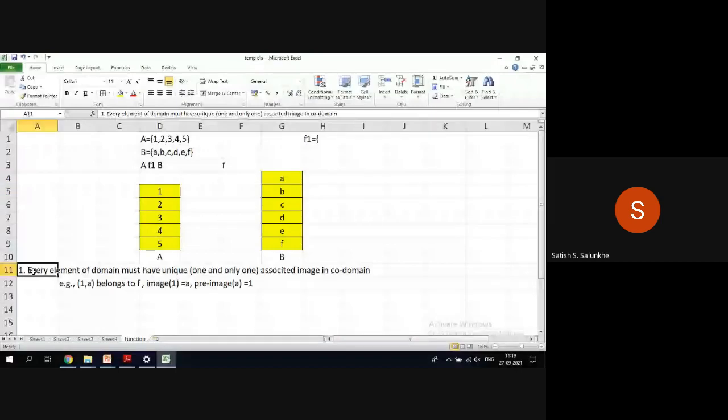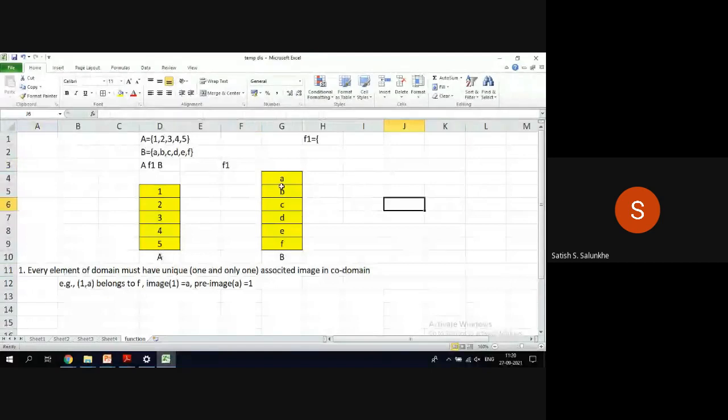I'm talking about f1 being a function from A to B. We will call f1 a function when every element of the domain has an associated image, one and only one, in the codomain. Then, if f1 is a relation, basically it becomes a function.